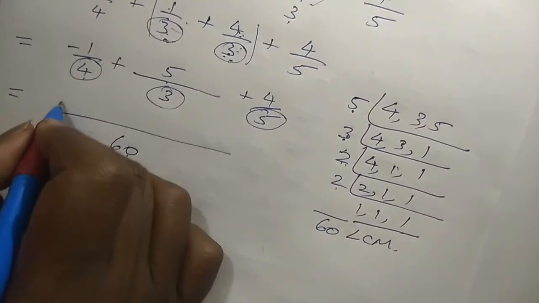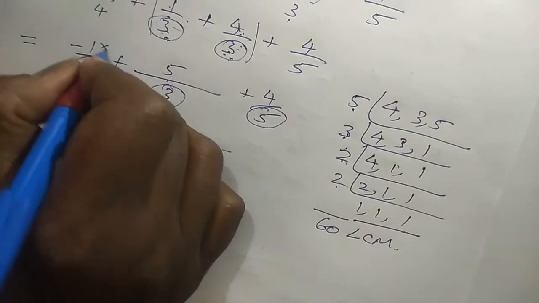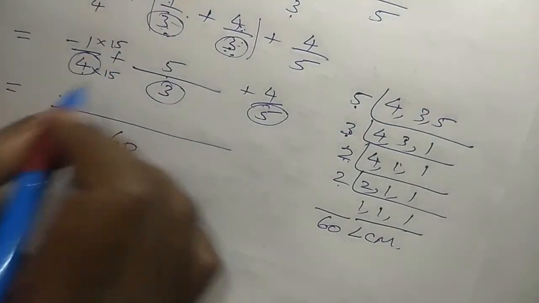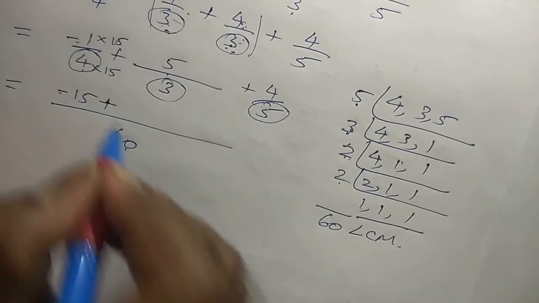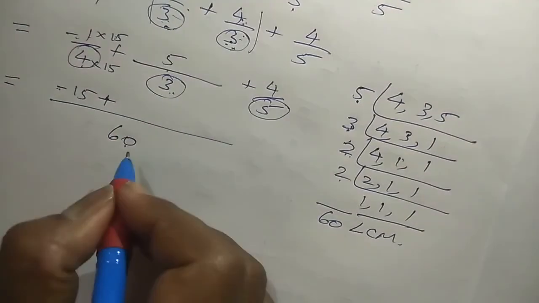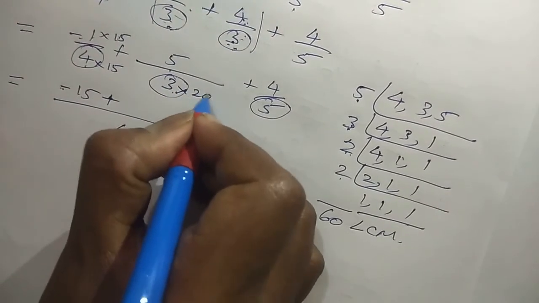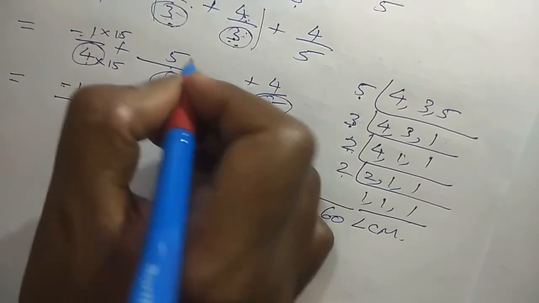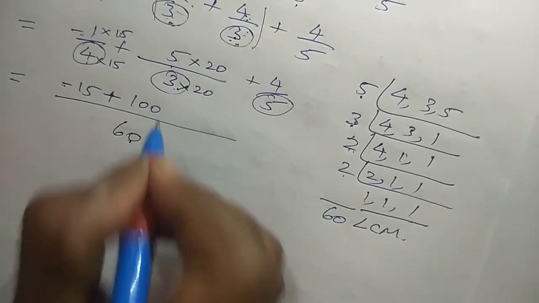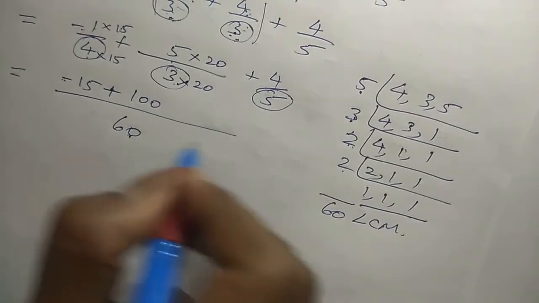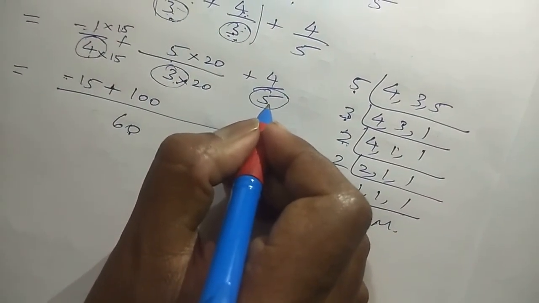So we have to multiply this one by 15. So minus 1 into 15 is minus 15 plus. Here we have 3, we have to get 60, so we multiply this term by 20. We also multiply the numerator by 20. So 5 20s are 100. Okay, next we have 5. We have to multiply the term with what?